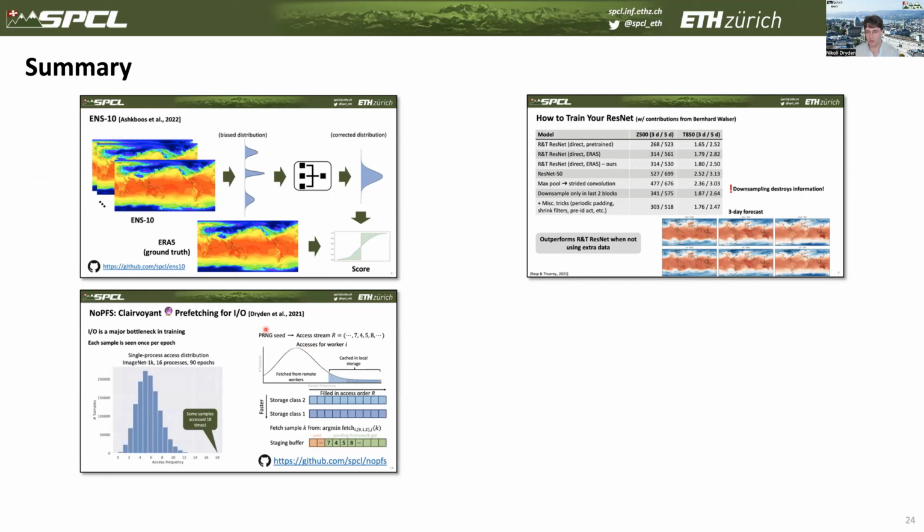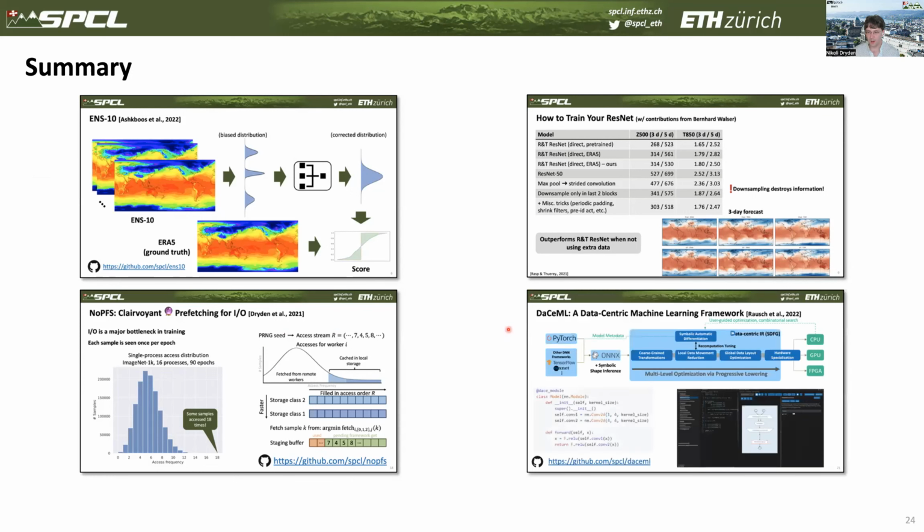Next, we talked about NoPFS, an I/O middleware that we have for optimizing deep learning I/O. And finally, we talked about DaCeML, a data-centric machine learning framework that can deliver improved performance on a whole variety of different neural network architectures. And with that, I want to conclude, and thank you for your time.